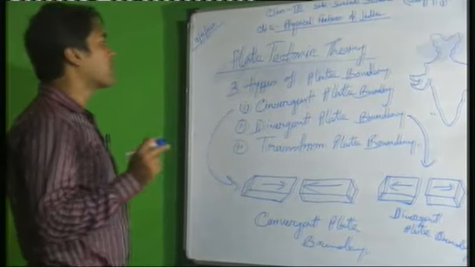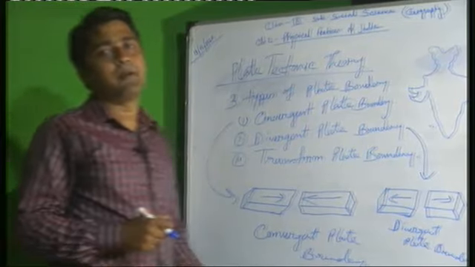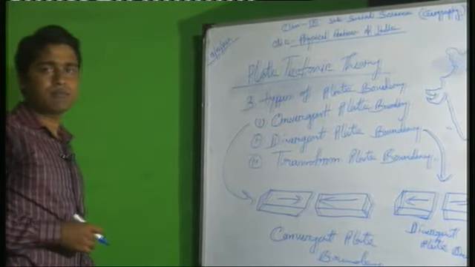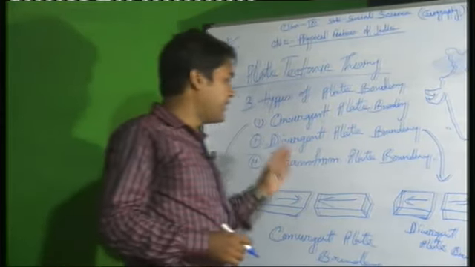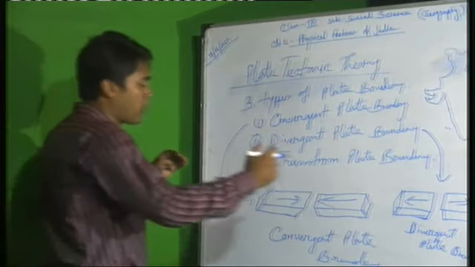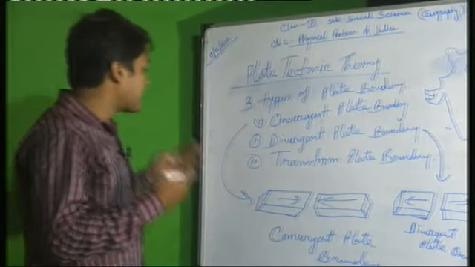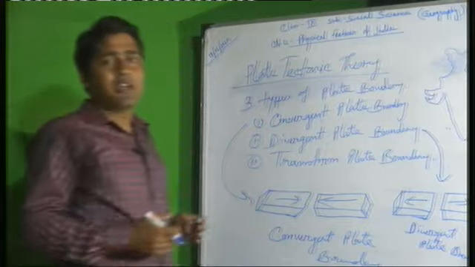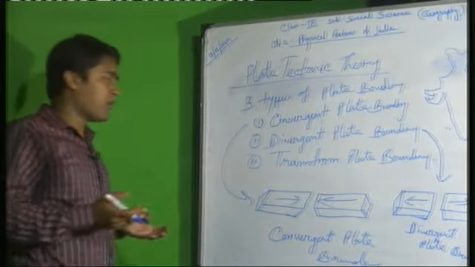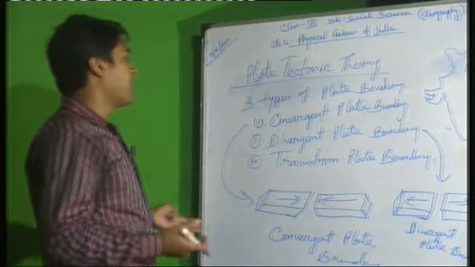That's why an important question is: what is the difference between convergent and divergent plate boundaries? There are many points. Convergent plate boundaries are destructive, divergent plate boundaries are constructive. Why? Because at a convergent plate boundary, collision occurs. That's why different types of destructive phenomena like fold mountains and earthquakes are found.